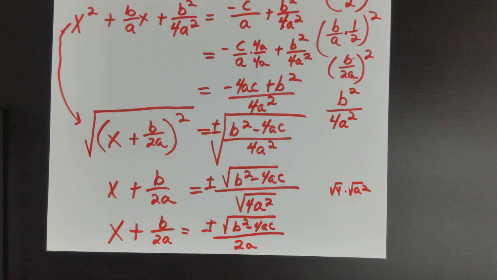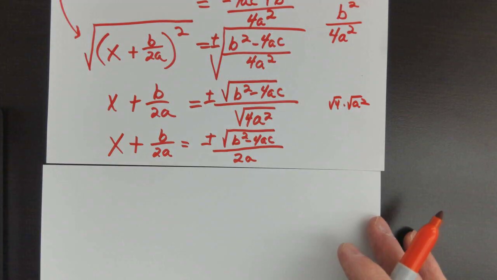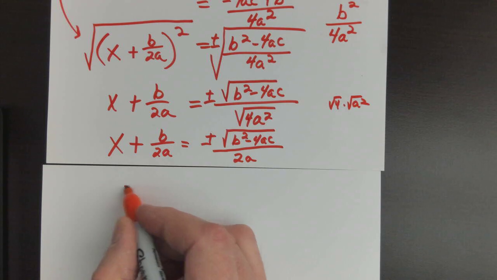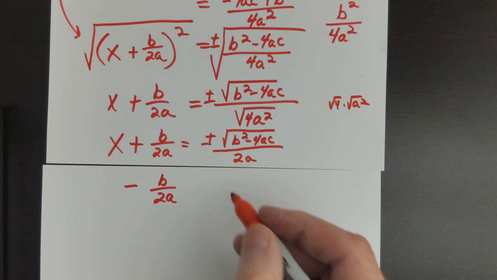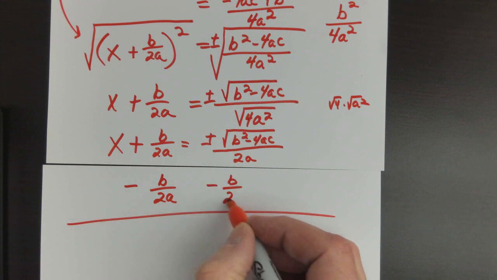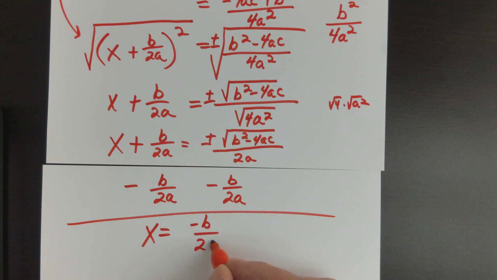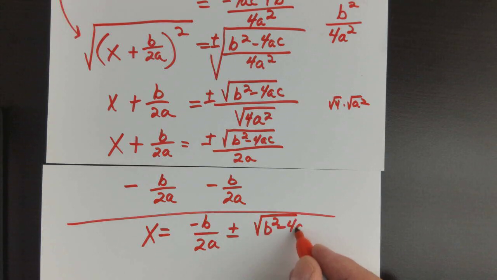Let me just get another piece of paper to keep going here. I'm going to subtract b over 2a from both sides to get x by itself. And I'll subtract b over 2a from this side. When I write that, I'm going to write negative b over 2a plus or minus the square root of b squared minus 4ac over 2a.